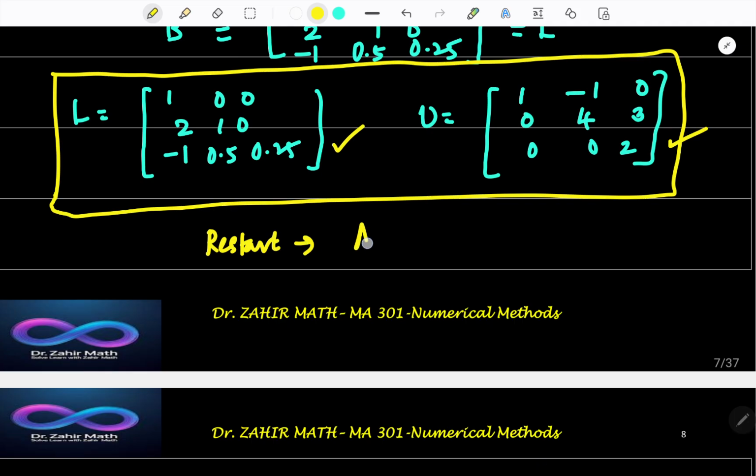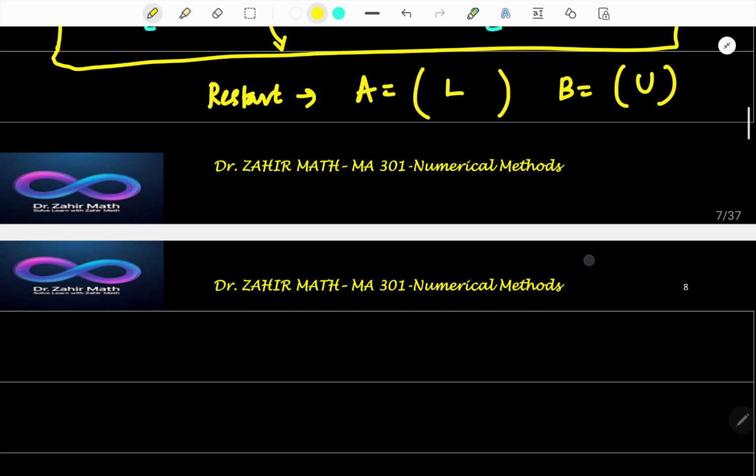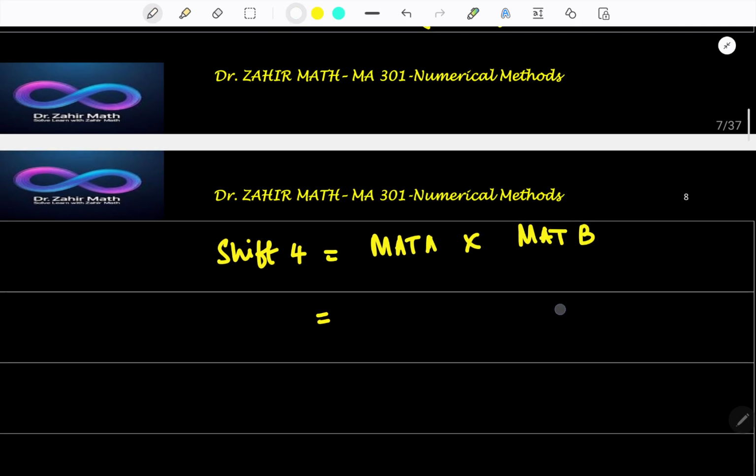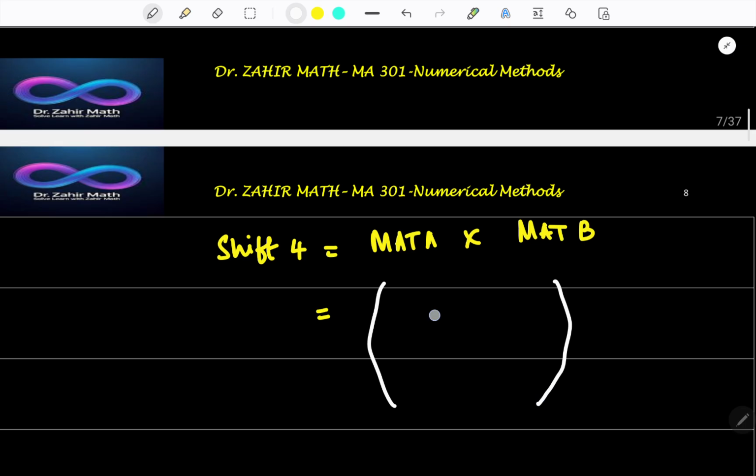Give the input matrix A as L, and matrix B as your second matrix U. Now perform shift 4 and type mat A multiply by mat B. If you multiply mat A by mat B, you must get the given question.